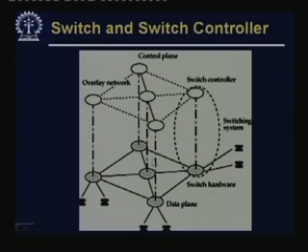So, in the control plane we set up the path, and there is a corresponding signal from the controller to the corresponding switch for setting up a particular circuit or connection, so that an end to end connection from one user to the other is set up. This control plane is sort of an overlay network over the actual switch, and once the connection is set up, naturally all the call and all the signals flow in this plane.